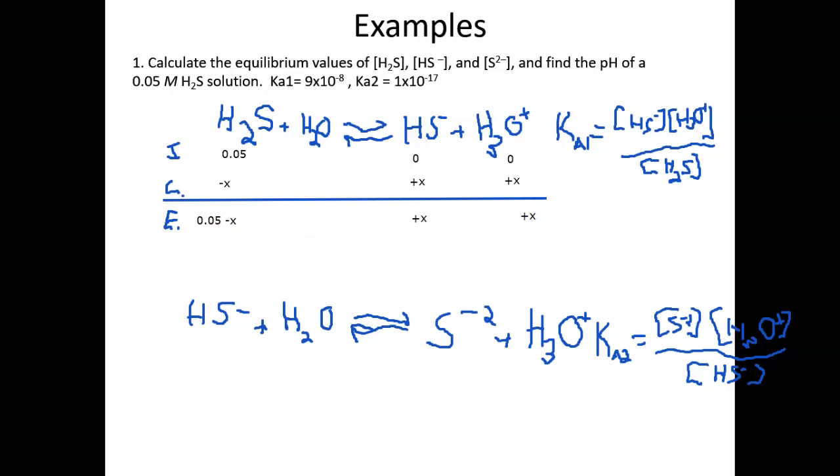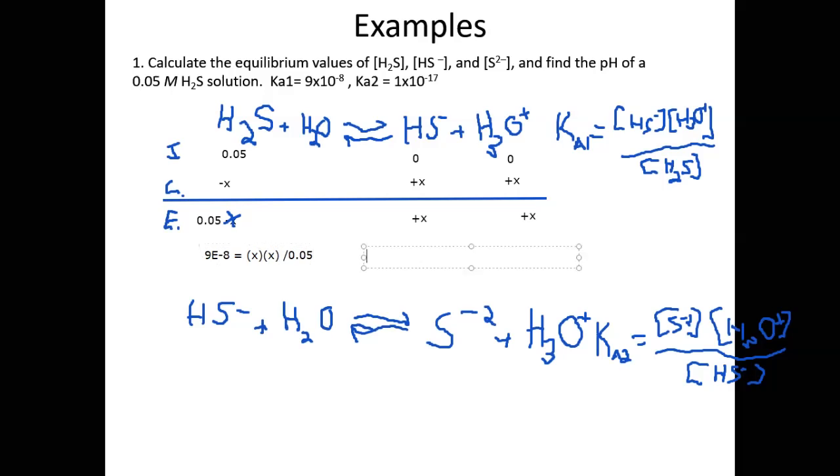Now since the Ka is very small, 10 to the negative 8, and our concentration is 10 to the negative 2, that's about a 1,000,000 times magnitude difference between the Ka and the concentration. So rest assured that you can use the approximation. So we can get rid of this minus X. Then we can set up our Ka expression, 9e to the negative 8 equals X times X over 0.05.